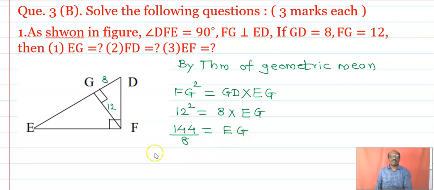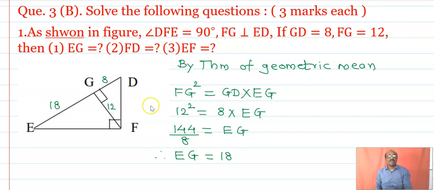And therefore EG is equal to, divide it, then you will get 18. Therefore EG is equal to 18, आपल्याला इथे मिळालं.